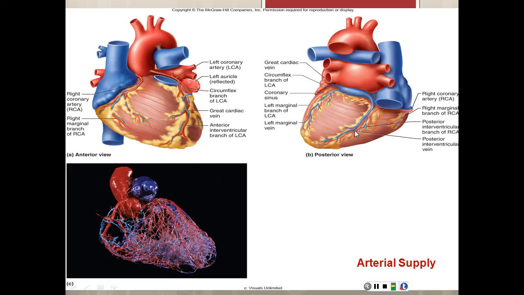And that branch will supply the walls of both of the ventricles. And it ends by joining the anterior interventricular branch of the left coronary artery. So these guys are going to supply the posterior part of the ventricles, as well as join with this anterior interventricular branch. Here we go, this one here. Okay.